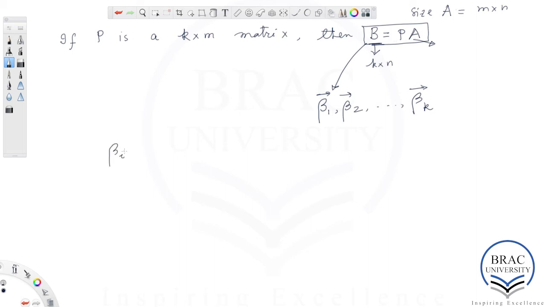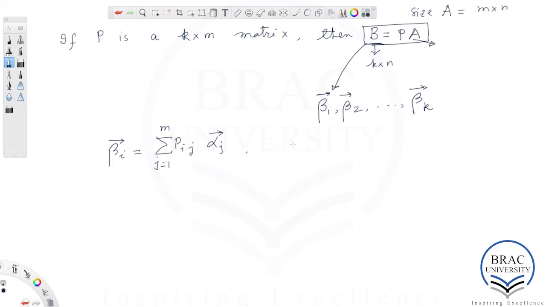We can write the rows of this matrix B as linear combinations of the rows of A, which we denote by alpha j's. j runs from 1 to m, since the size of A is m times n, and the coefficients are P_ij.